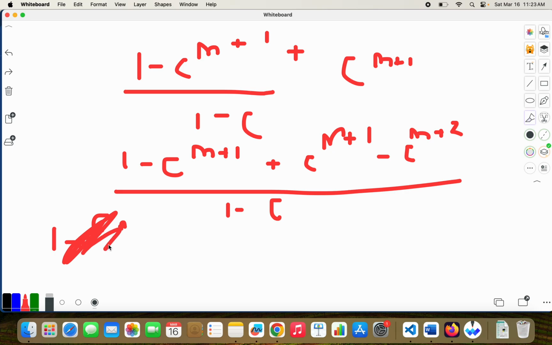So by induction, P of n holds for all n. Oh wait, 1 minus c.